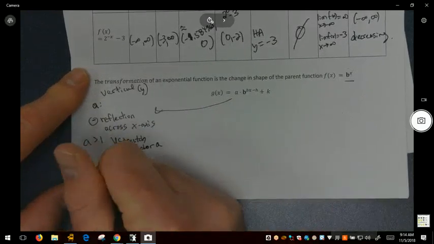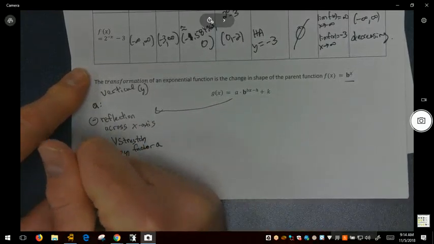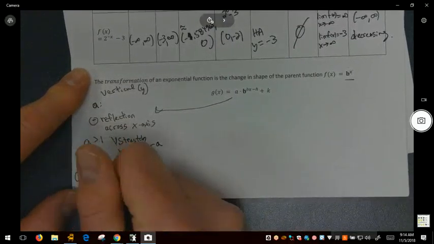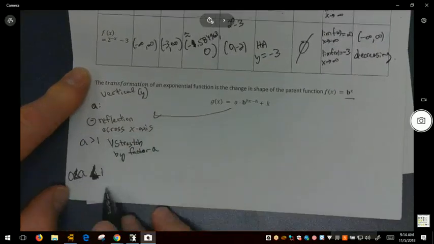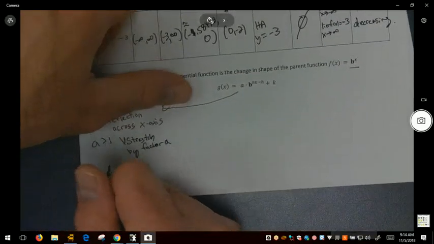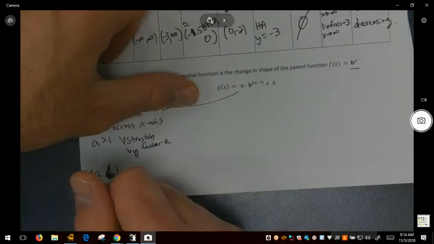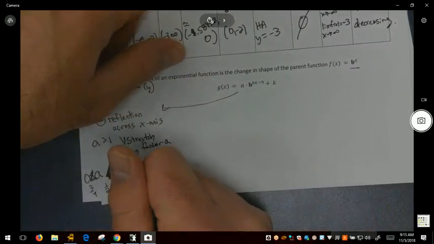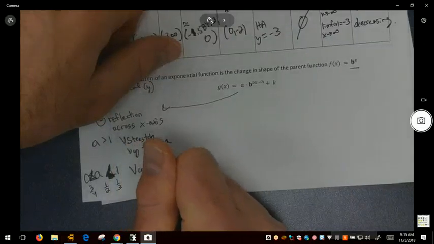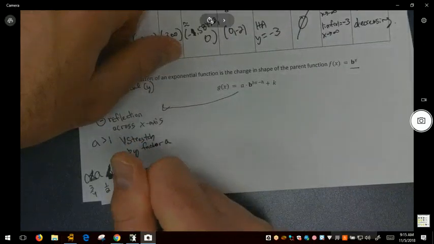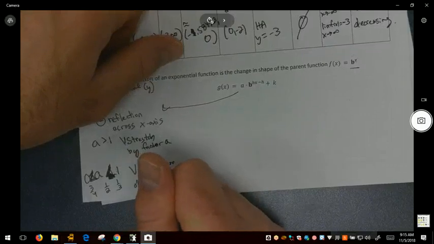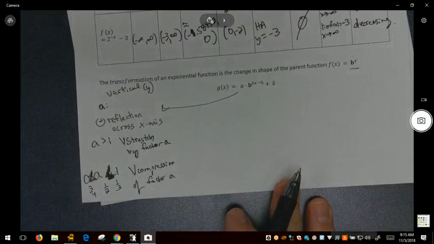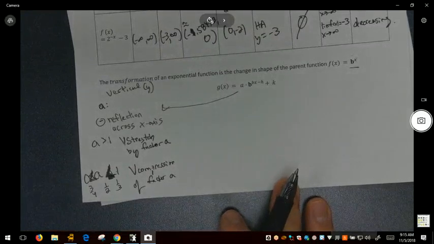Whereas if a is greater than 0 and less than 1, no equality, meaning it's a fraction smaller than 1, like 1/2 or 1/3 or 3/4, then it is a vertical compression by the factor a. So if a is 1/2, then everything shrinks its height by 1/2. It's a vertical compression of 1/2.